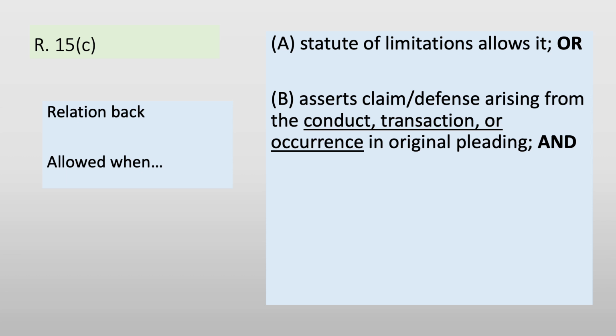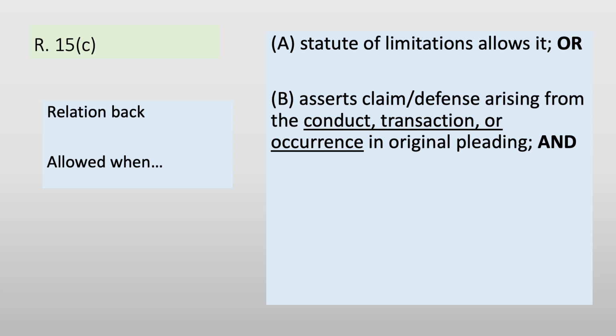One is whatever you're adding arises from the conduct, transaction, or occurrence in the original pleading. So if I'm adding a new claim or a new defense, if I'm adding a new defendant, they have to be part of the thing that I was originally suing about.